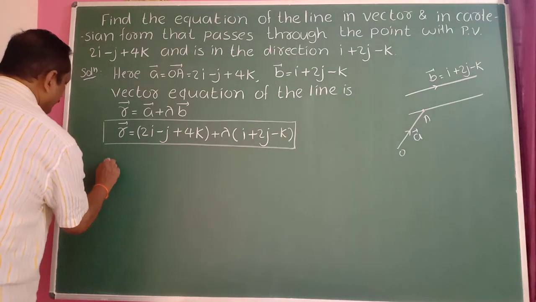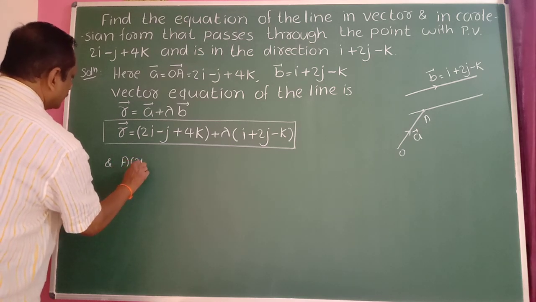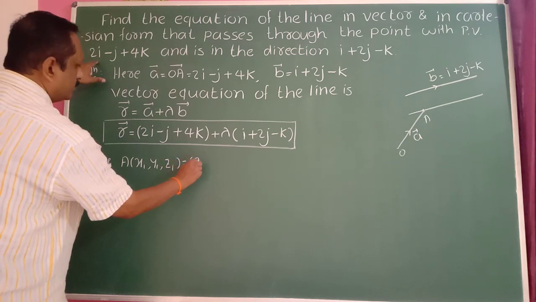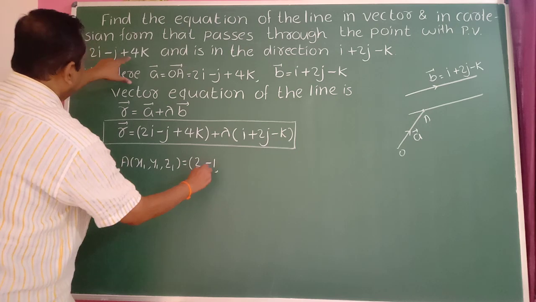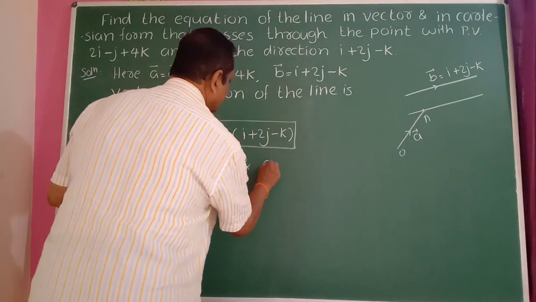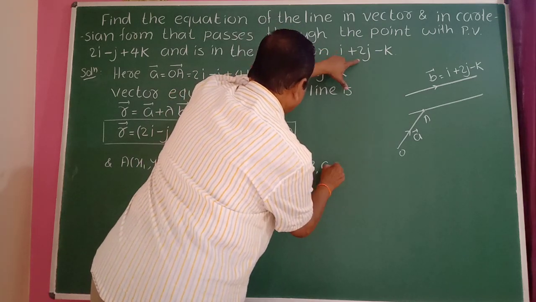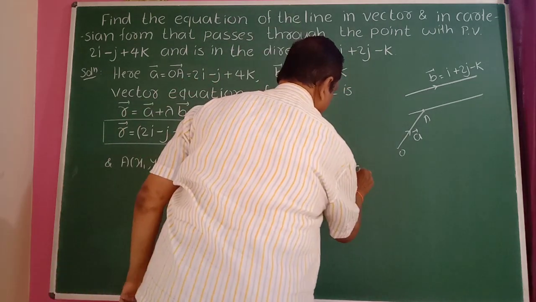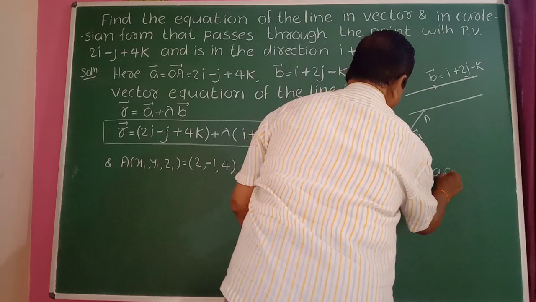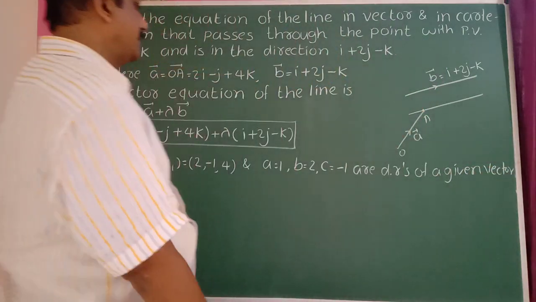Okay, and we want the Cartesian form also. Therefore x1, y1, z1 is equal to 2, minus 1 and 4, and a is equal to 1, then b is equal to 2, c is equal to minus 1, direction ratios of the given vector.